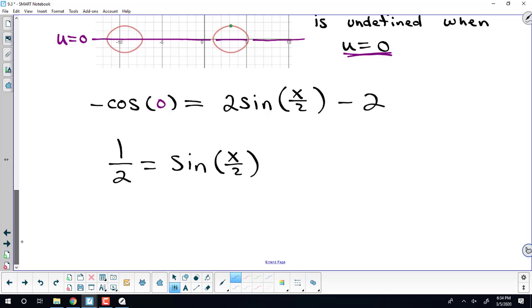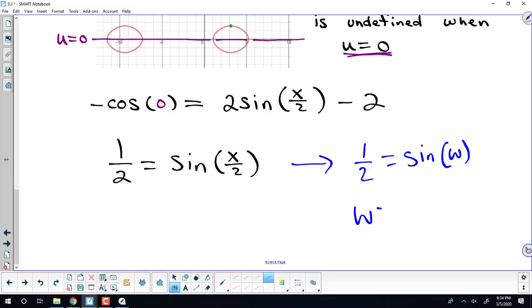If you have a hard time with that, it's kind of like making a substitution. When does the sine of w equal a half? When w is equal to pi over 6 and 5 pi over 6, et cetera, and then et cetera in the other direction.